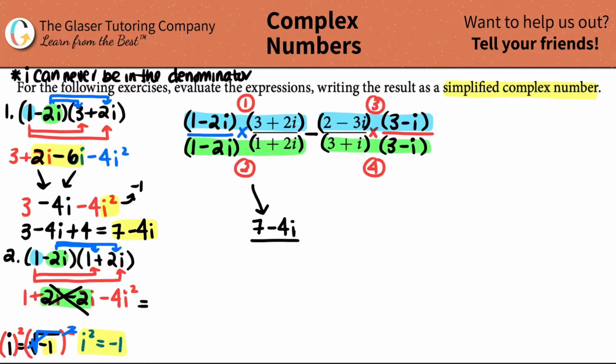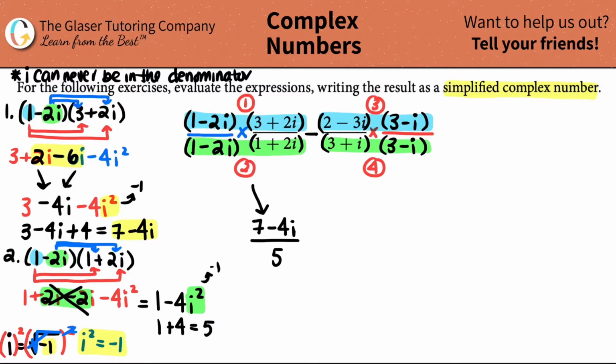So now we're just left with 1 minus 4i squared, and we know that i squared was just a negative 1. So this is 1 minus 4 times a negative 1. And a negative 4 times a negative 1 is a plus 4, so I can just get rid of this. And then 1 plus 4 equals 5. So that's what I have in my denominator for the second thing.